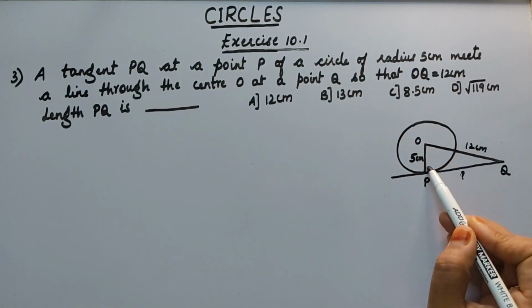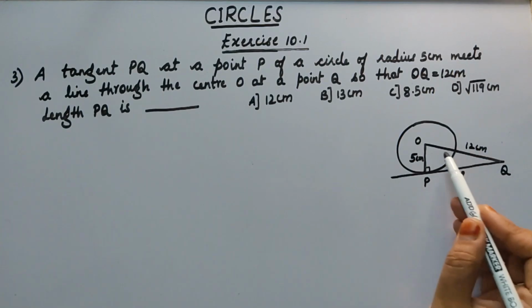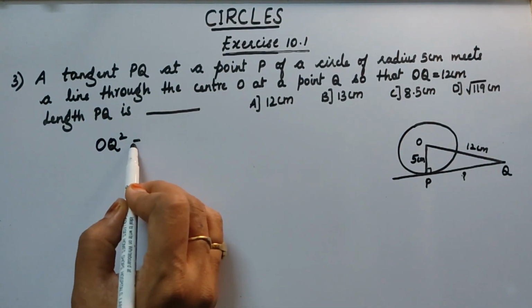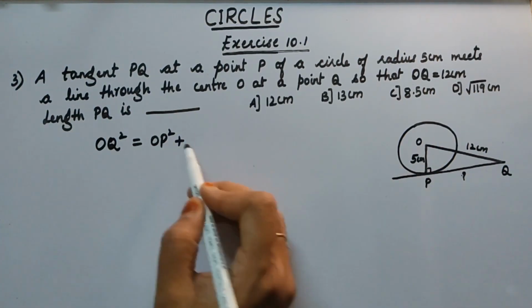Now as this is a right angle triangle, we need to follow the Pythagoras theorem, students. What is the Pythagoras theorem? OQ square is equal to OP square plus PQ square.